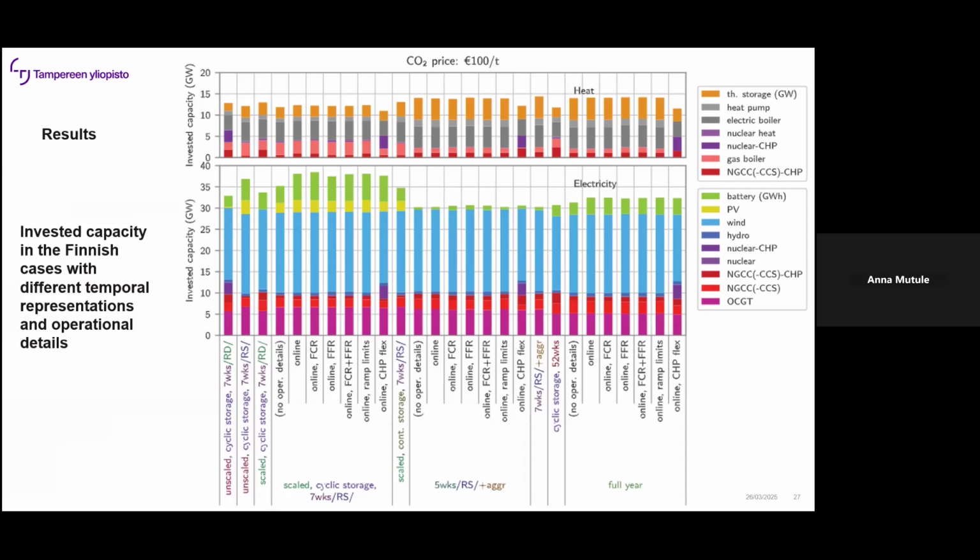There is no universal best method, of course, so testing multiple setups is often needed. As we move toward high renewable systems, models need to capture more operational variations, even if some traditional constraints become less relevant.